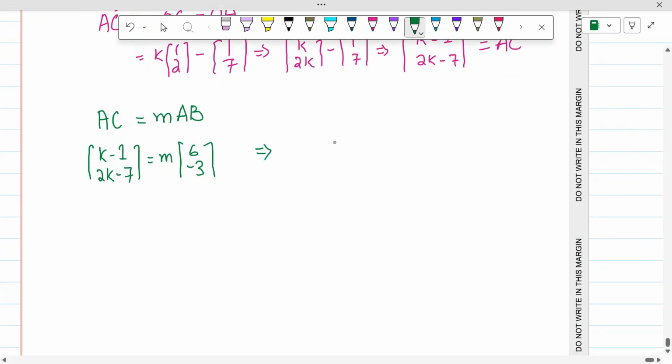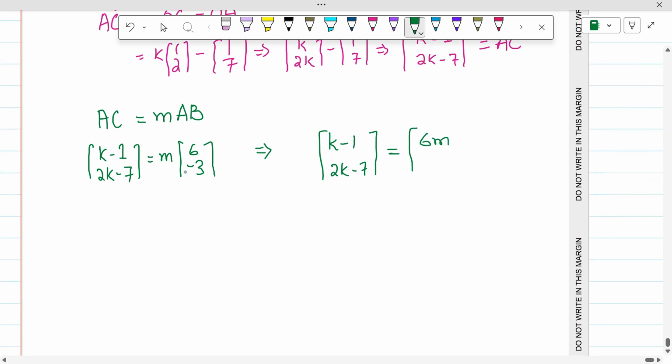Further solving, we will have (k minus 1, 2k minus 7) equal to (6m, negative 3m).